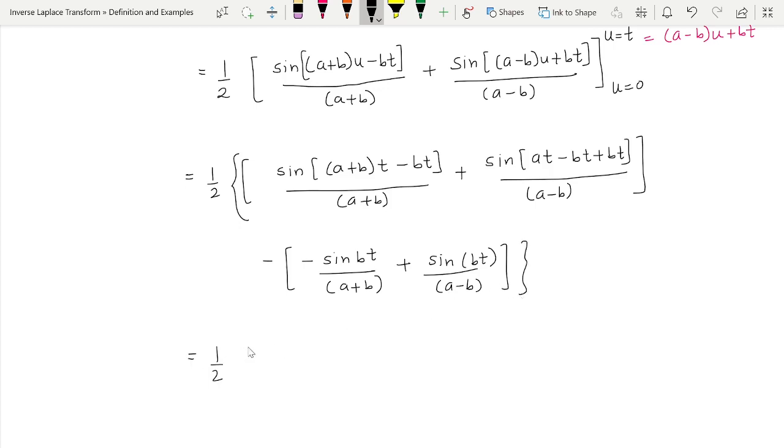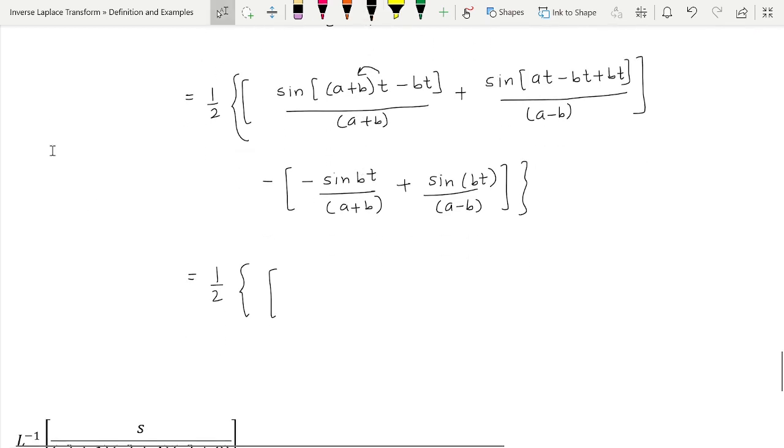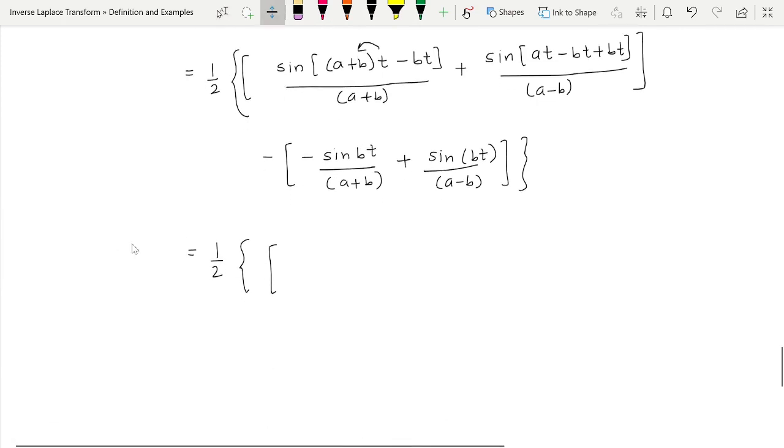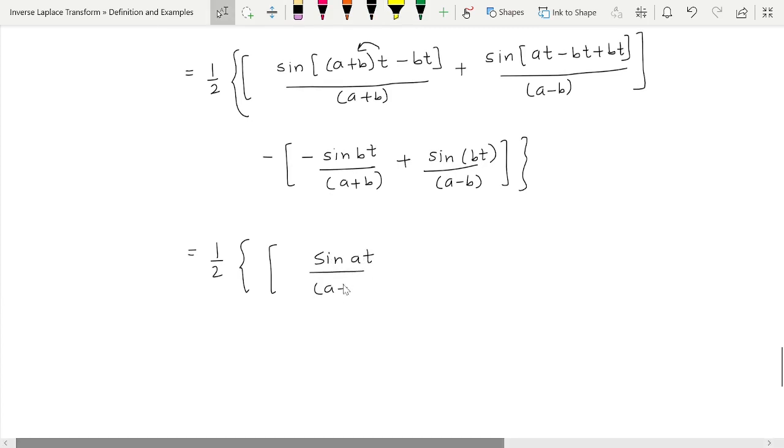So now we have to simplify it. So this will be half inside the bracket. Now if you put this t inside, it will be AT plus BT, and that BT will get cancelled out. Now once that BT is cancelled out, what is left? We will have only sine of AT, so sine of AT upon A plus B. Let me remove this bracket now.